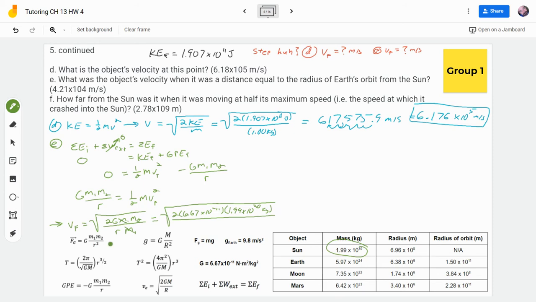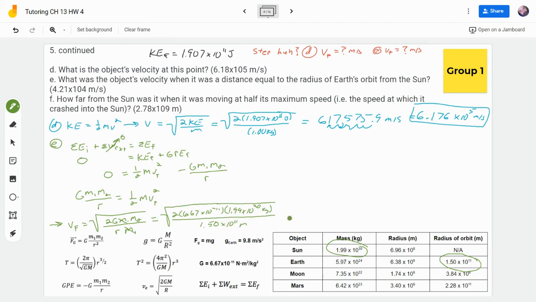Remember, we're doing this when this thing is a distance equal to the radius of the Earth's orbit. So the r we're going to use is this number, the radius of the Earth's orbit, 1.50 times 10 to the 11th meters.